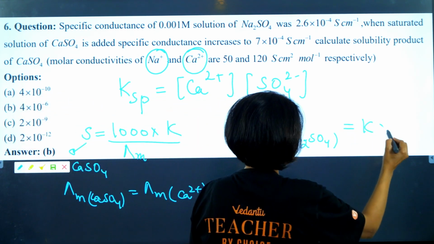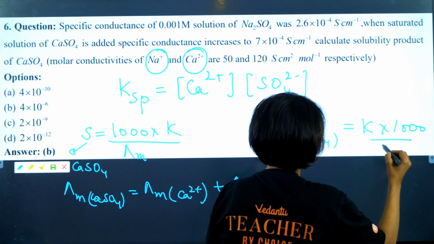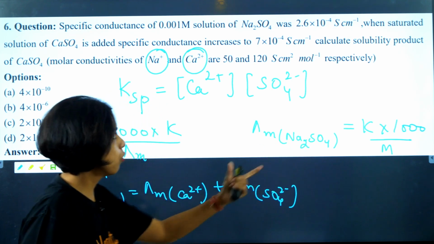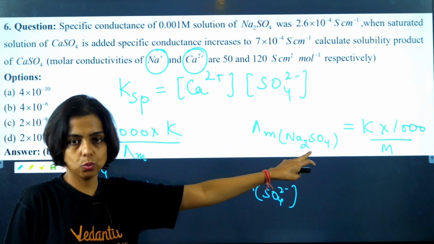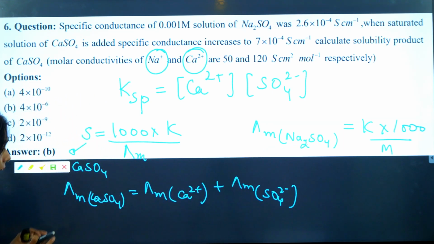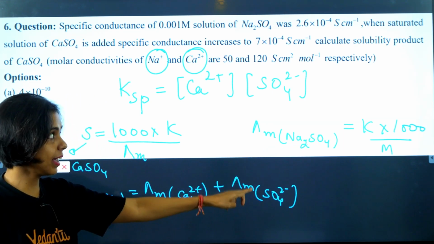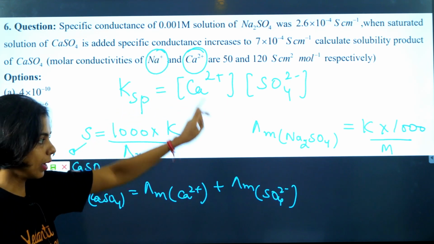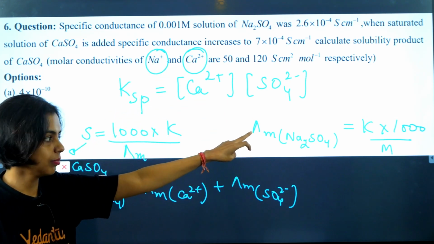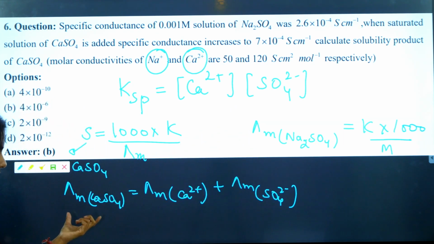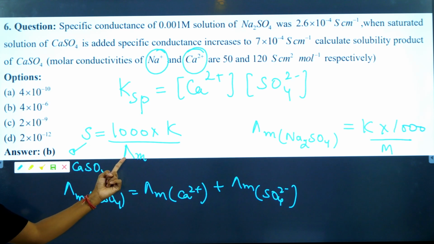So kappa is given, m is given, and I get the molar conductance of Na2SO4. By using this value, I can calculate for the sulfate ion, because sodium ion's molar conductance I already know. So that sulfate ion value I can use here to calculate the molar conductance of calcium sulfate. So I got the molar conductance of calcium sulfate.